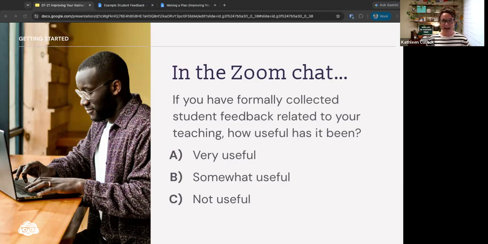So how useful has that process been for you? Like at the end of a lesson, formally collecting the feedback on the day, end of a unit, end of exam. So if you could put in the chat, okay, people are doing it. A for very useful, B for somewhat useful, and C for not useful.